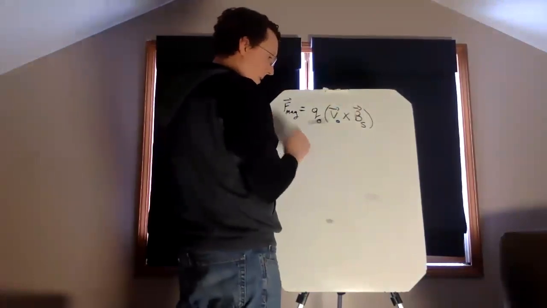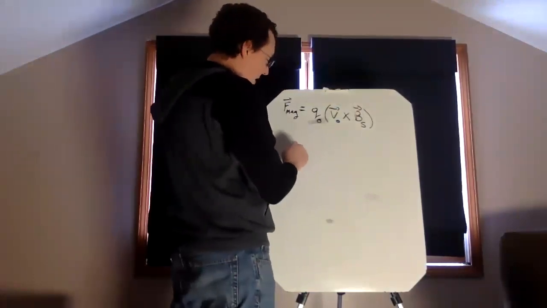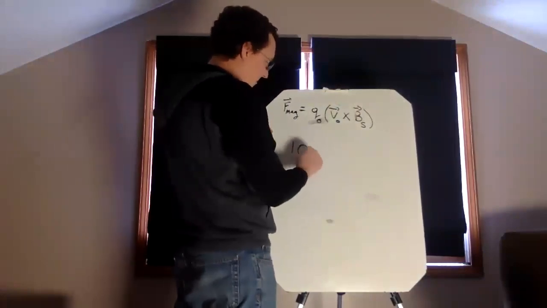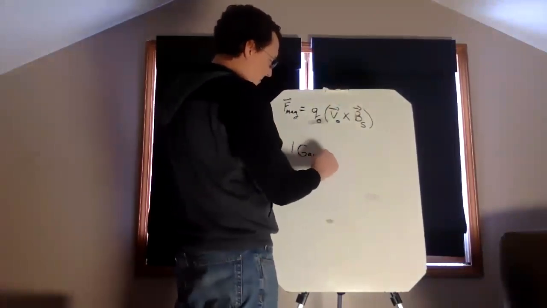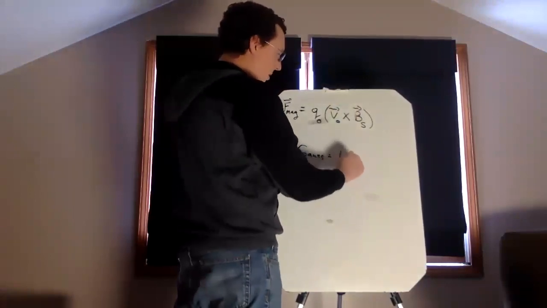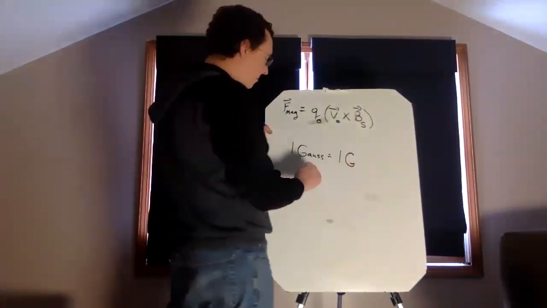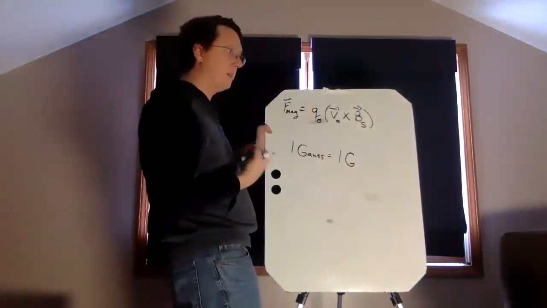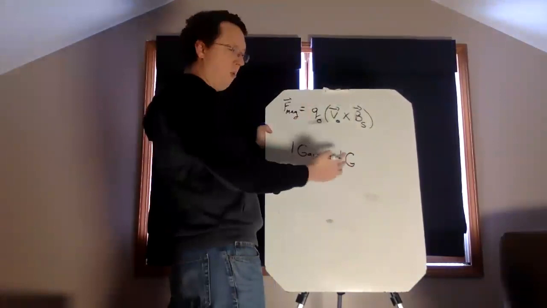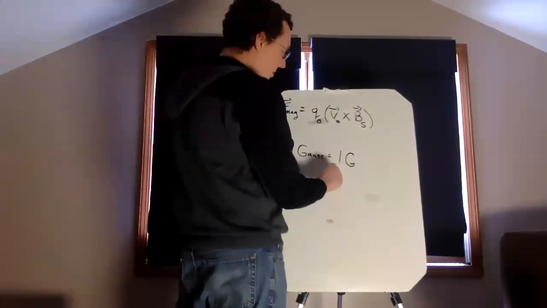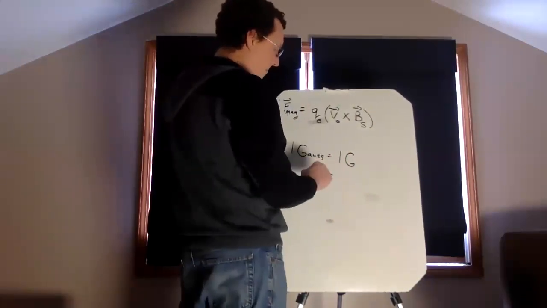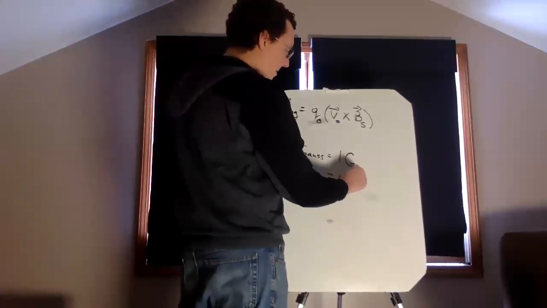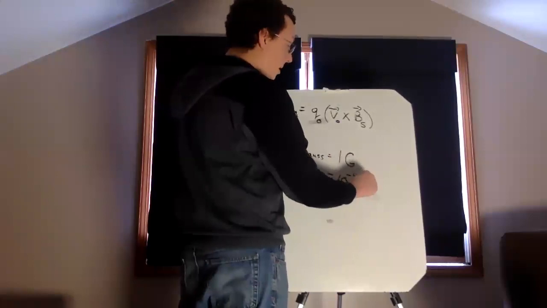And so 1 Gauss, people write as 1G. 1 Gauss is much smaller than a Tesla, because a Tesla is huge, and this is going to be more reasonable. This is going to be 10 to the negative 4 Tesla.